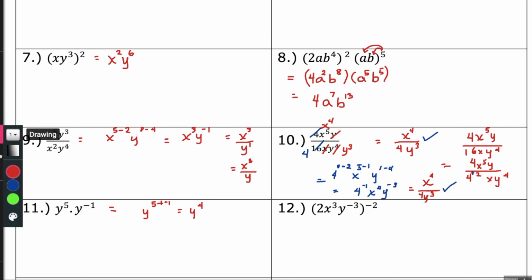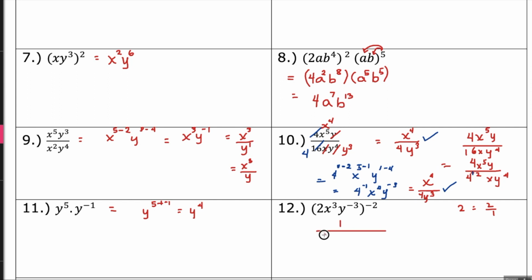So in this case, if it's in the numerator, because this one means, like if you have this, it means 2 over 1, I will have to put them at the opposite: 2x cubed y negative 3 raised to the 2. Sorry. So following the previous item, I will have 2 times 2 is 4, and 3 times 2 is x to the 6.